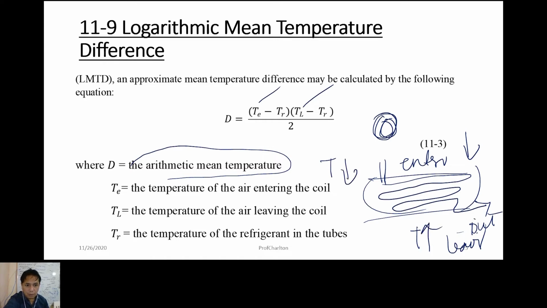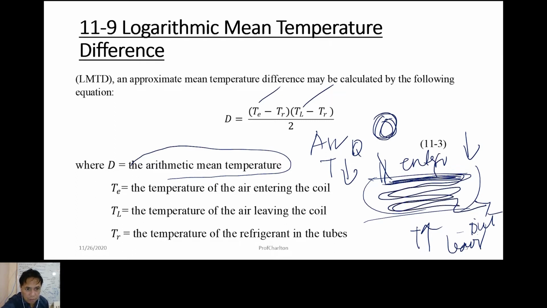The temperature at the outlet is high because it has already evaporated. So there's a temperature difference between the two, because the outside air transfers heat to the refrigerant in the tube.